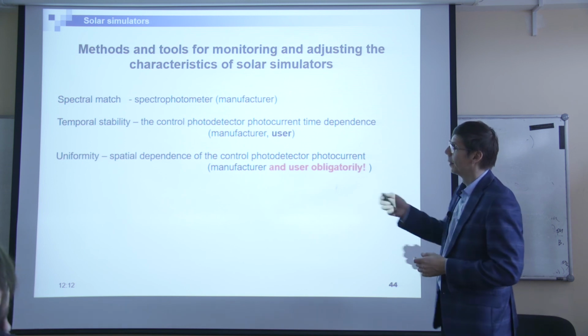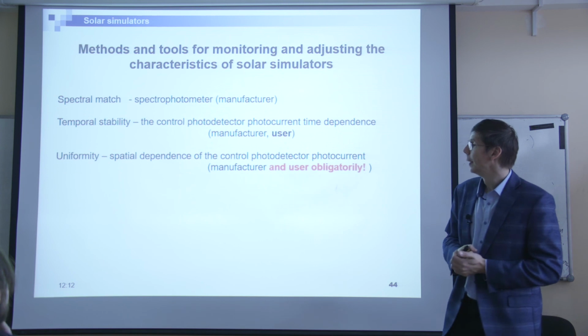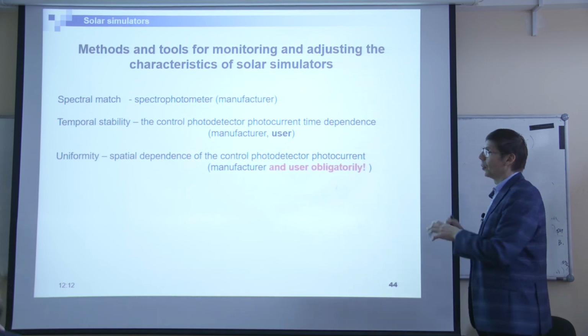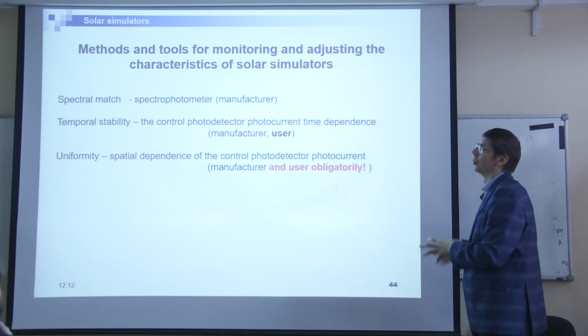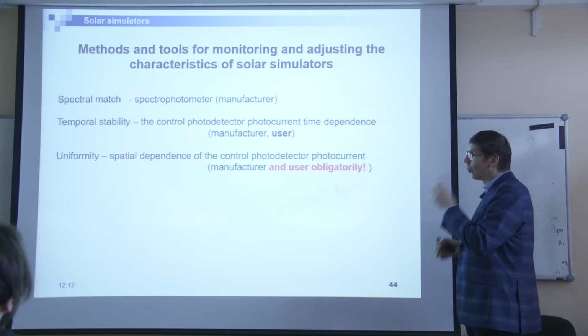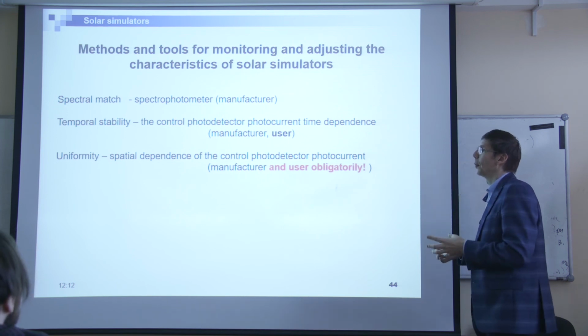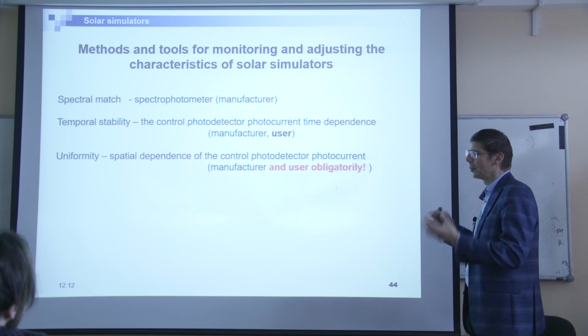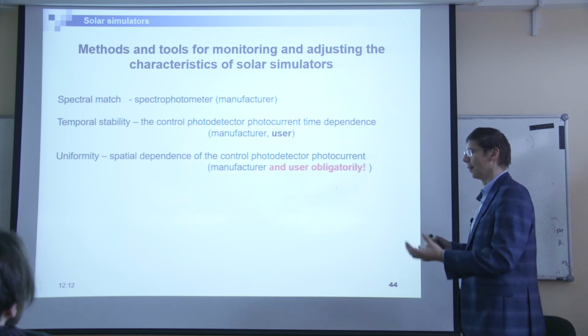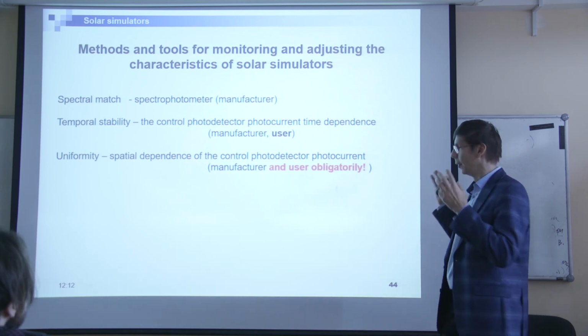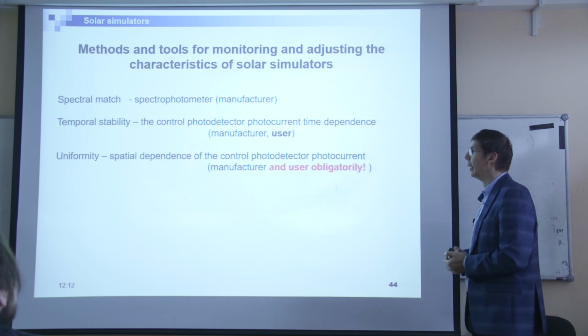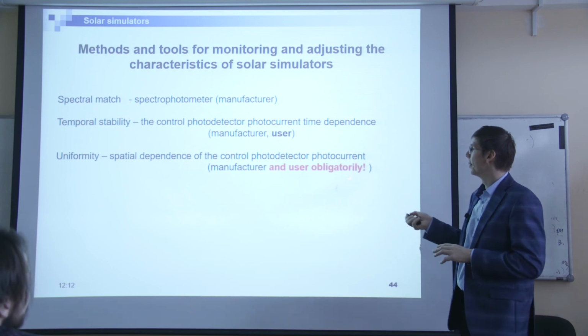The last point, the uniformity. I will describe how to check it. Of course, the manufacturer should care about the optical design, how to create the best solution for a uniform spectrum. But for the user it is obligatory.